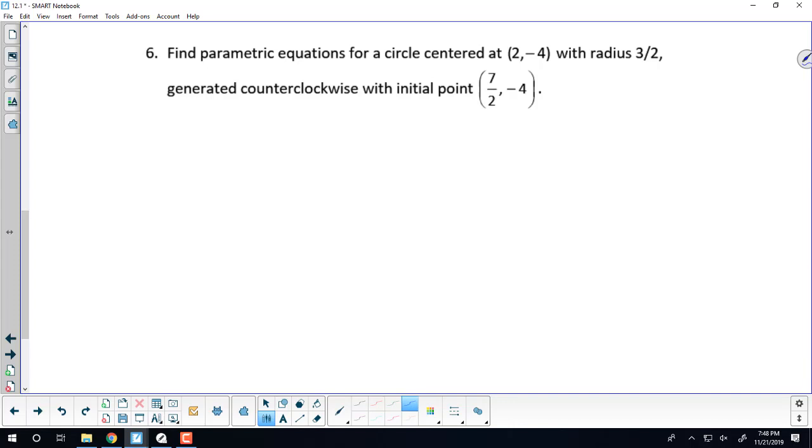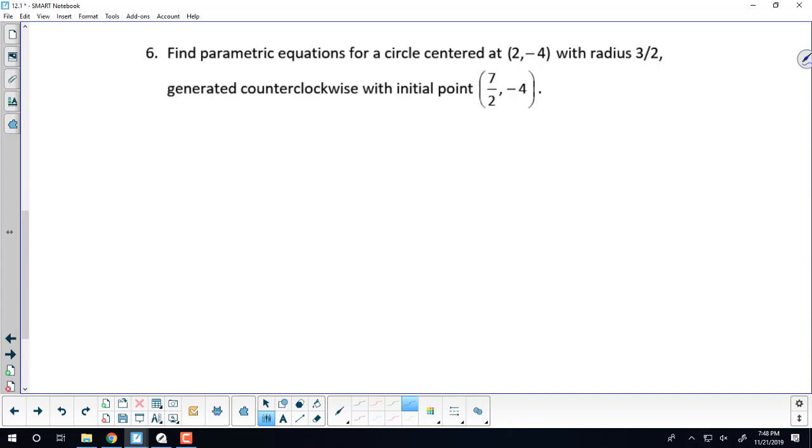So a circle with a center of (2, -4) and a radius of 3/2, generated counterclockwise with an initial point of (7/2, -4). I would fit in the information that's pretty clear as far as the center and the radius, and then fine tune it if need be to get that initial point.